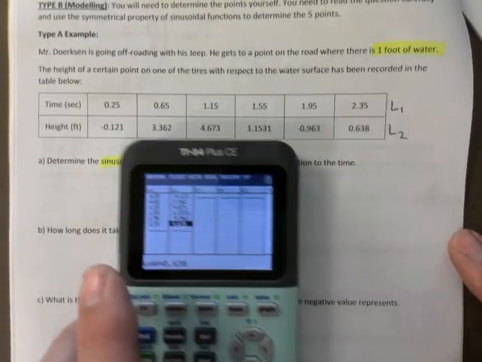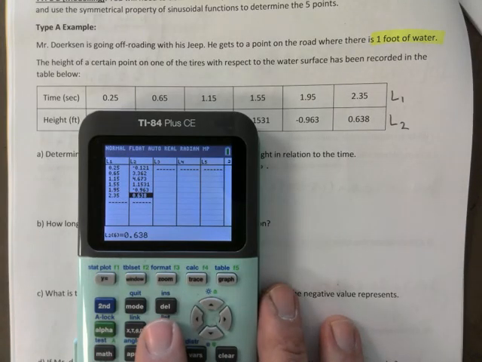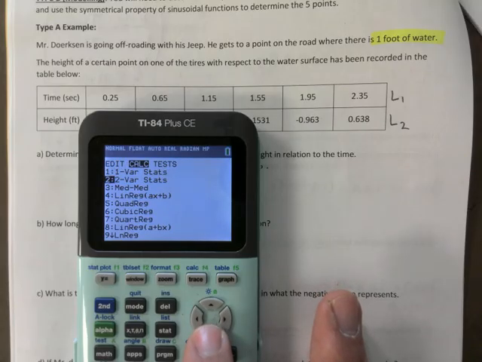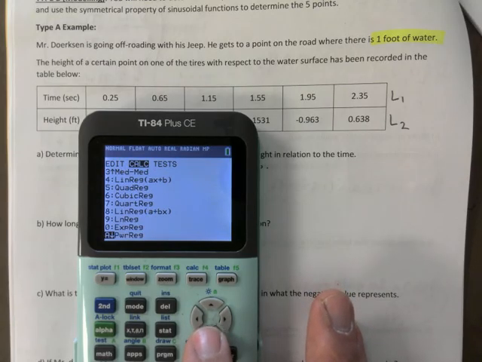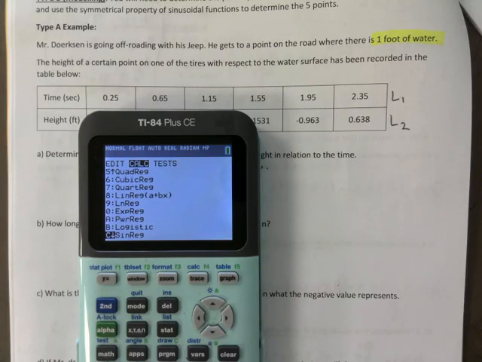You got it? Then you press Stat, Calculate, and you have to go all the way almost to the end. You see sin reg there, sinusoidal regression. Select that one.